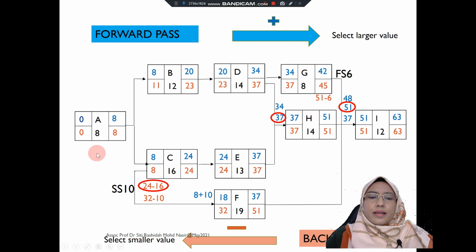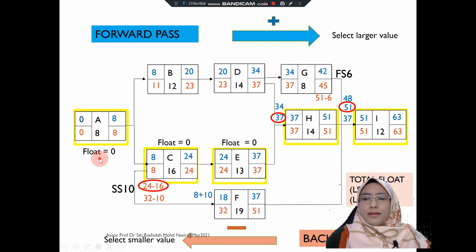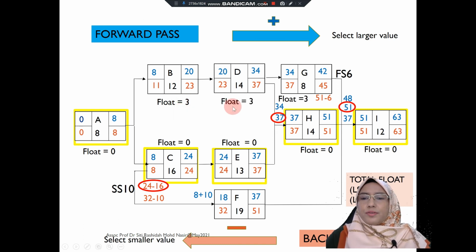In this case, the total float is 0 for the activities marked in yellow. And for activity B, the float is 3, T is 3, G is 3, and for activity F, the float is 14.